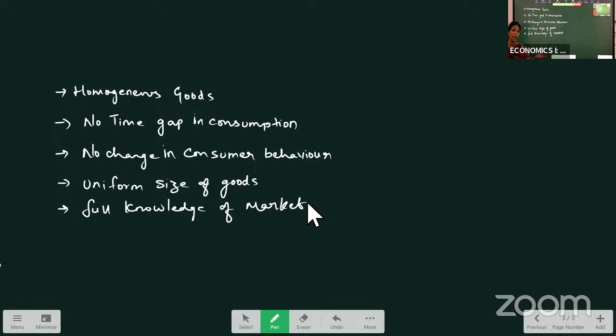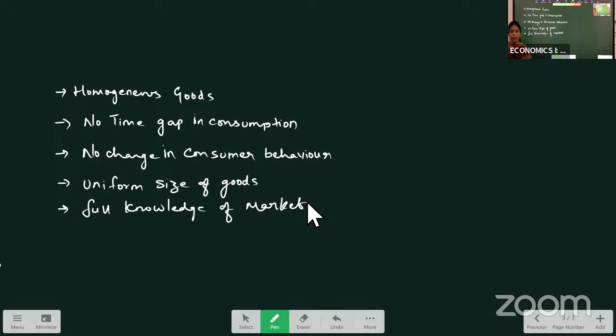But if your neighbors get it for 40 rupees or 50 rupees, your mind will be completely disturbed. I got it for a high price. So you cannot derive your satisfaction. You cannot get the maximum satisfaction out of your consumption. That's why we assume that when we are purchasing, the consumer has full knowledge about the market.